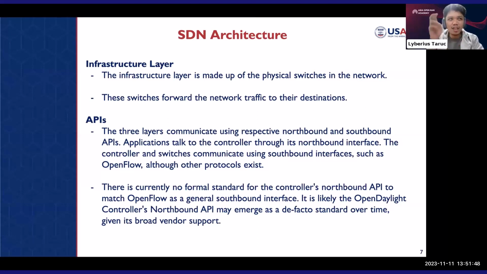This terminology is not meant to degrade the functionality. It is called a dumb forwarder because the majority of the intelligence is already placed in the controller itself. Essentially, all it does is copy the configuration from the controller, and depending on that configuration, that is what it uses to forward the packets. So that's the infra layer.